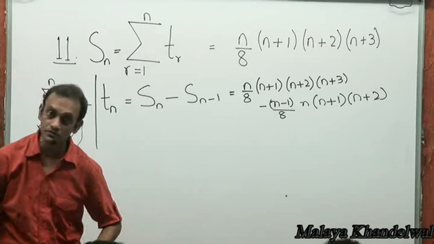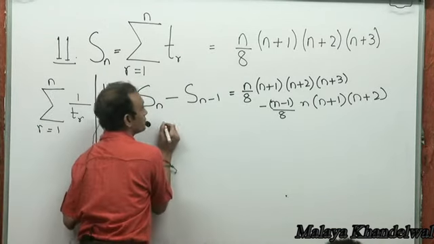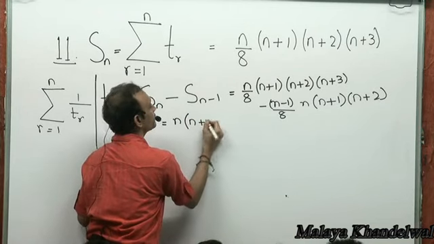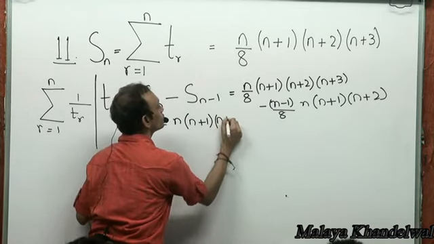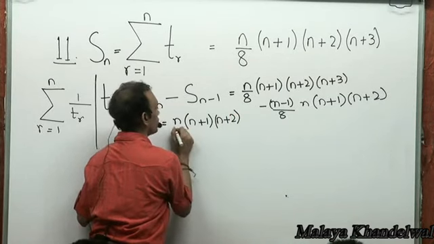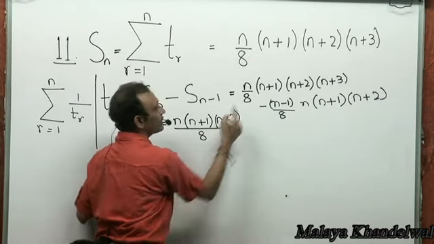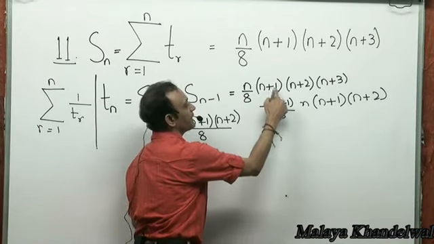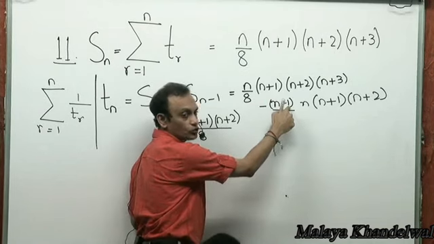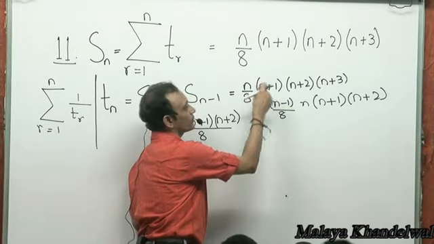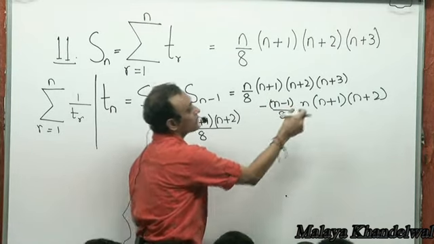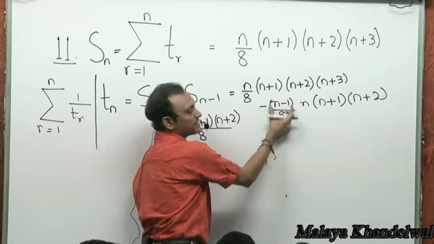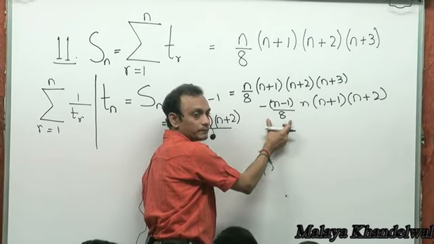Let's simplify matters here. If I take n into n plus 1 into n plus 2 by 8 common, then I'll be left with n plus 1 minus n minus 1. That makes it 2. Yes or no? I'm sorry, n plus 3 minus n minus 1 by 8, which is 4 by 8.